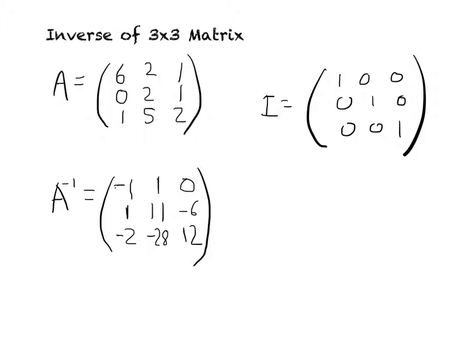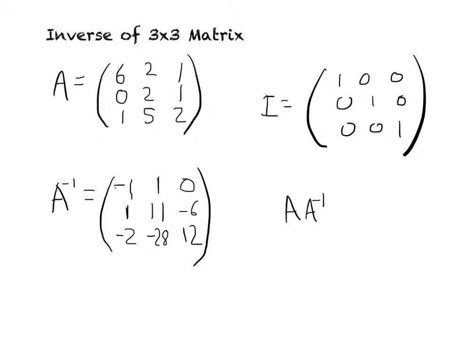Now that times A would not give you the identity, but let's see what we would get very quickly. A times A minus 1, it's not A minus 1 at the moment, it should be the identity.